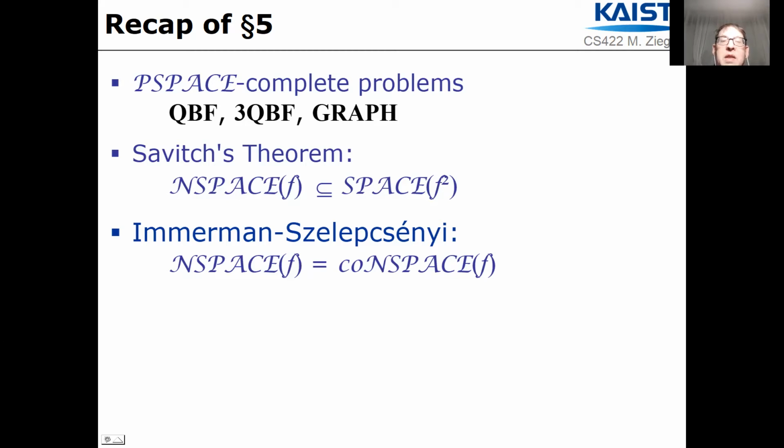Non-deterministic space and co-non-deterministic space are the same up to polynomial factor. In both cases, there was this subtle but important technical condition that the function f describing the growth of memory must be space constructible. It's a condition which I have not really elaborated in detail, but there are also counterexamples that say when f is artificial, arbitrary, then this may or may not be the case.